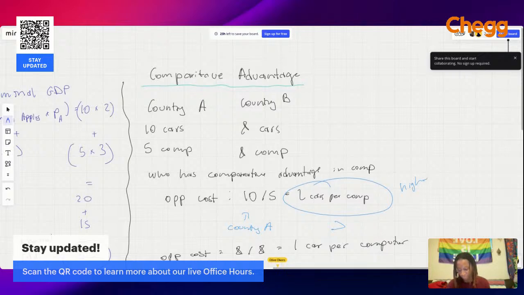Those are all the equations I have. Does anybody have any questions? Like anything they want to go over, or any problem they've been having with economics recently?